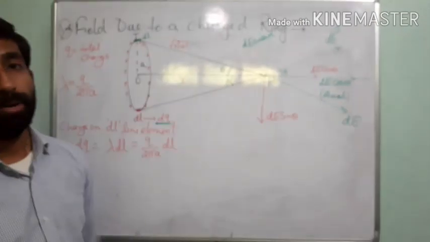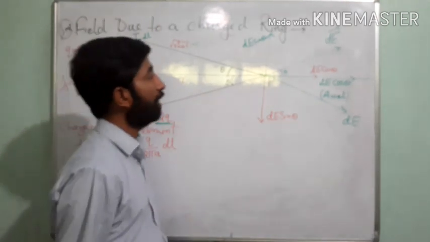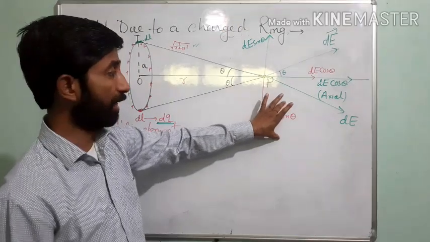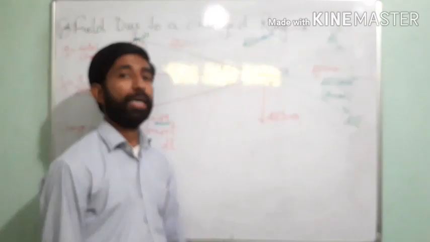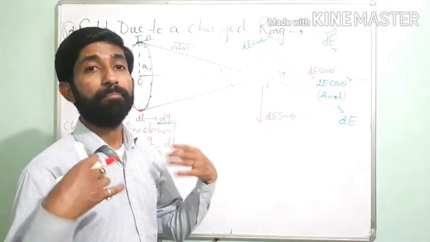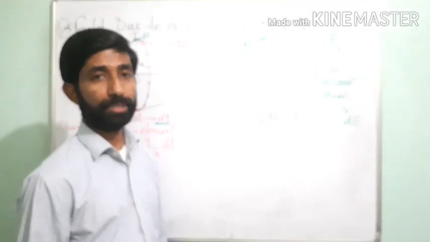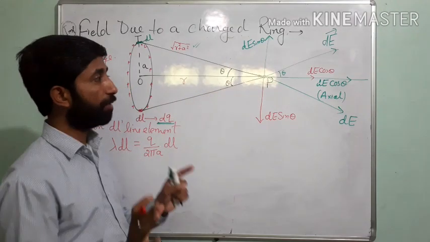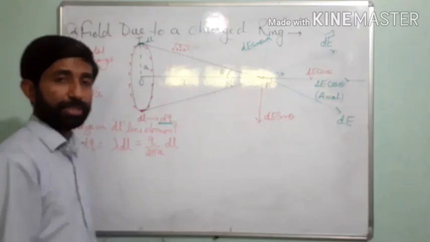The figure is now complete, and we have to use some analysis over here. This dE sin theta and this dE sin theta are both equal and opposite in magnitude and direction, so they must cancel each other. It means the net electric field will be produced only by what? The horizontal components, dE cos theta and dE cos theta. It means the vertical components simply cancel each other.